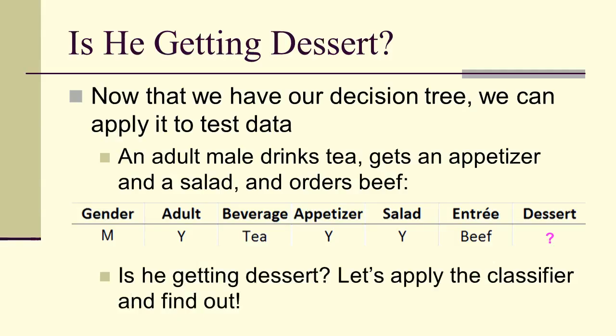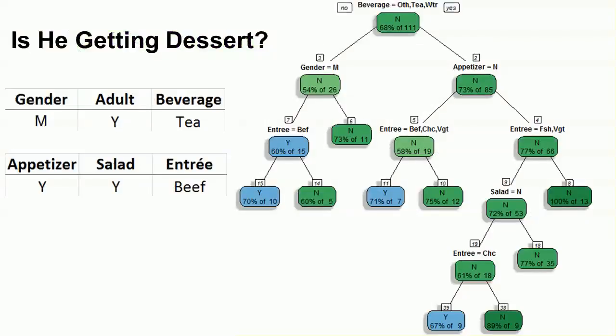So now we can ask the question, is he getting dessert? So suppose we have an adult male who drinks tea, gets an appetizer and a salad, and orders beef. Is he getting dessert? Well, let's find out. So we start out with, is he getting dessert?